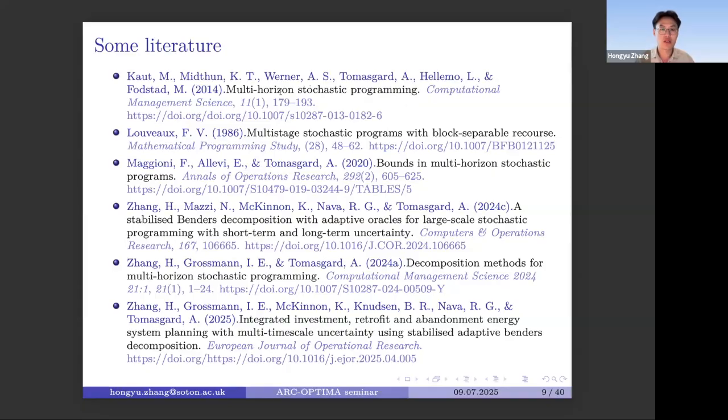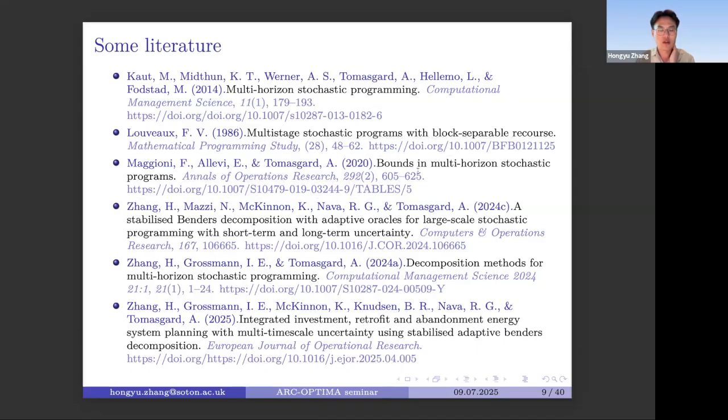But this multi-horizon stochastic programming was initially proposed in 2014. But then by looking into the literature, we noticed that this MHSP is just a type of multi-stage stochastic program with block separable recourse, which was proposed in a paper back in 1986.